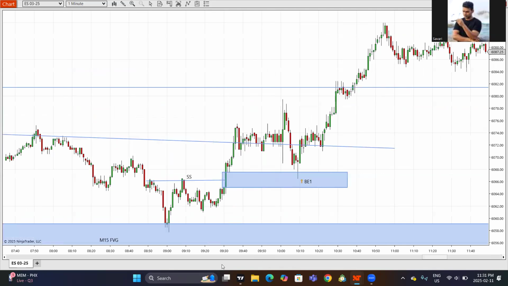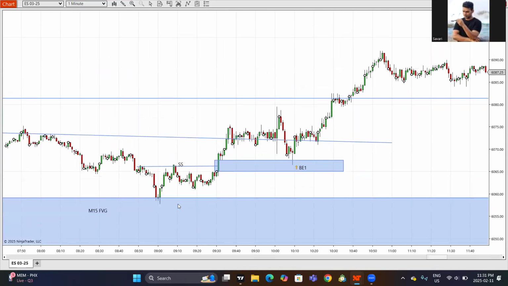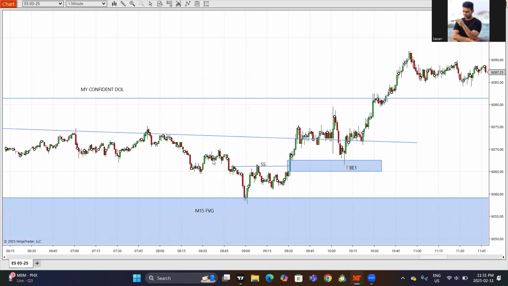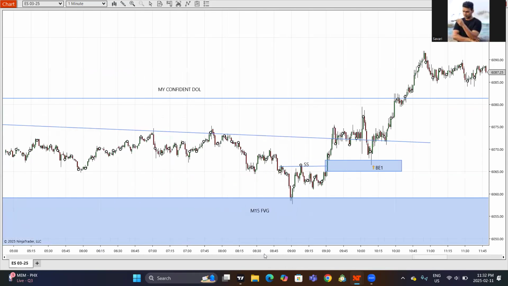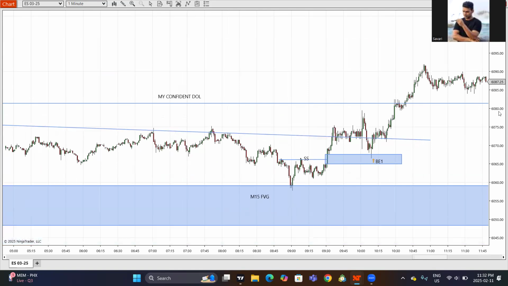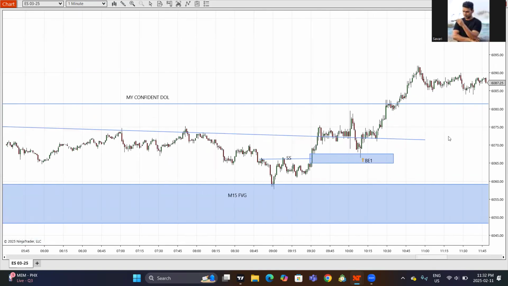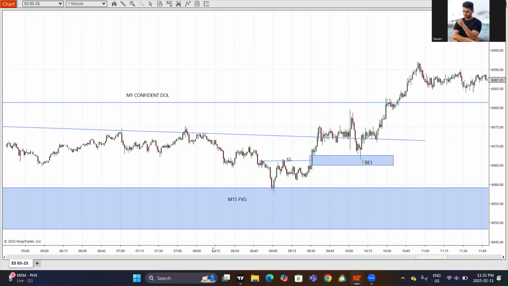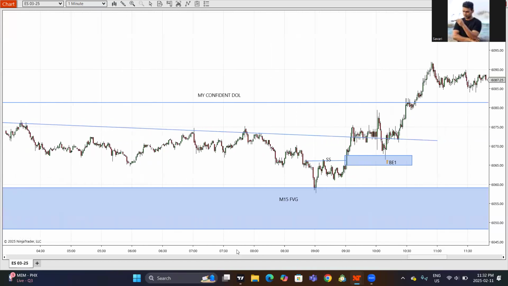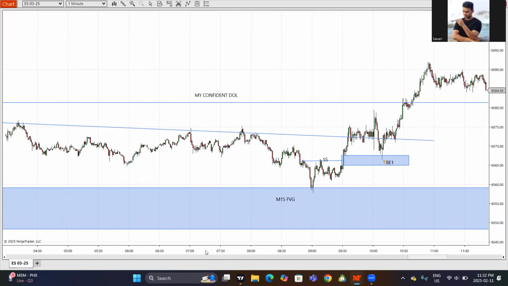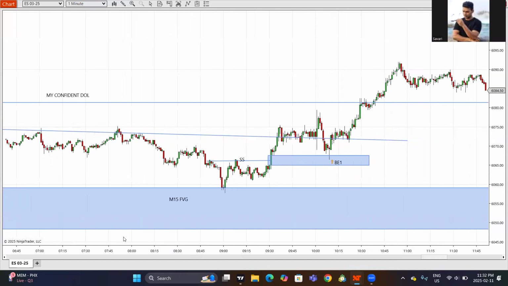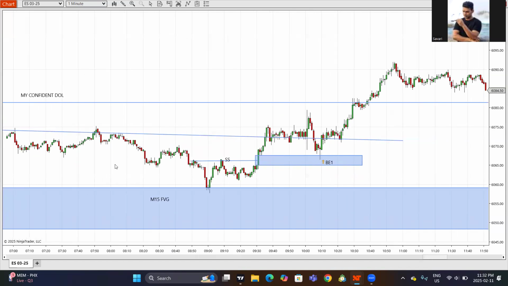So as soon as the price approaches the M15 fair value gap, it starts to react.